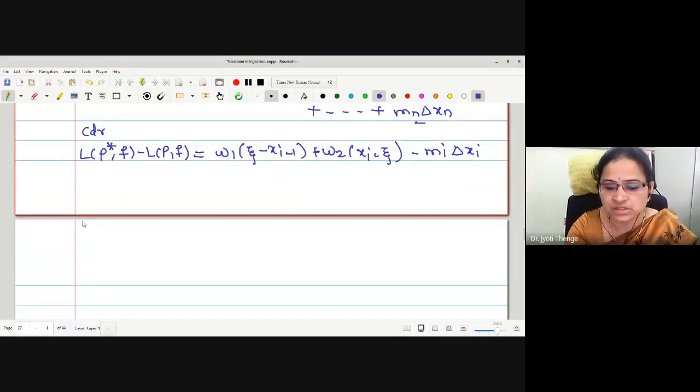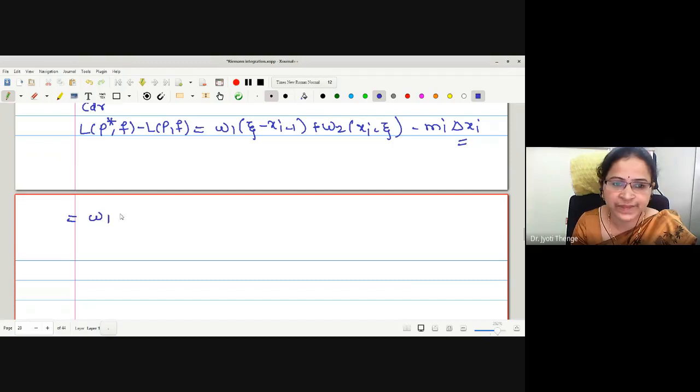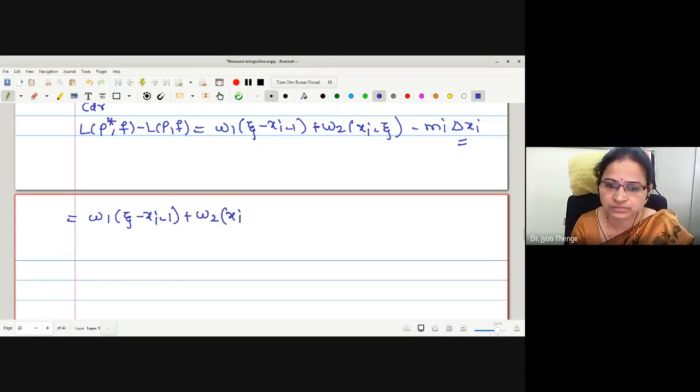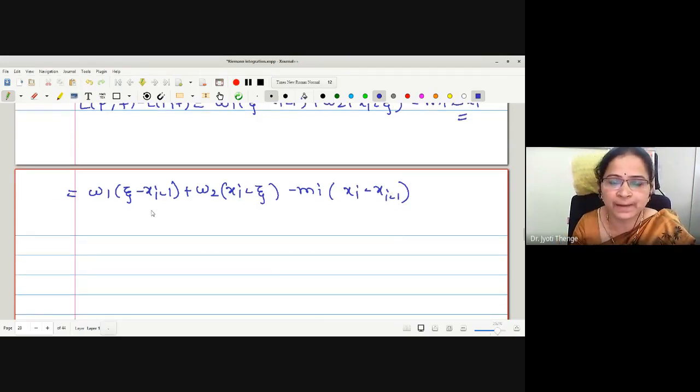Okay. Now let us just calculate. Before calculating, let me write down what is delta xi. Can anyone tell me what is delta xi? Xi minus xi minus 1. Yes, good. This is xi minus xi minus 1. Now we will multiply by the corresponding infima in the bracket and make an adjustment.